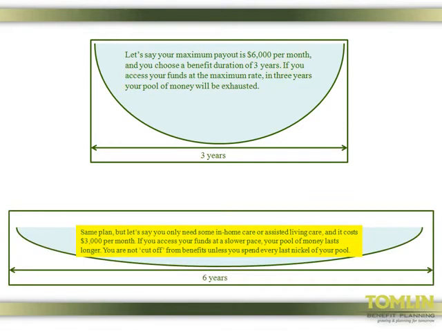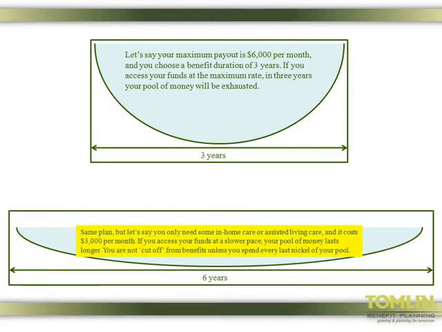However, let's say you have that same plan. Your plan has a maximum payout of $6,000 per month, but let's say that you find care that's less expensive, or maybe you don't need that high level of care. Maybe just some care at home or an assisted living facility would take care of your needs, and that's less expensive than a nursing home, for example.